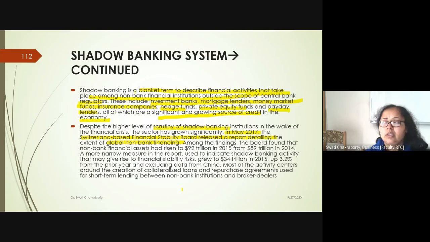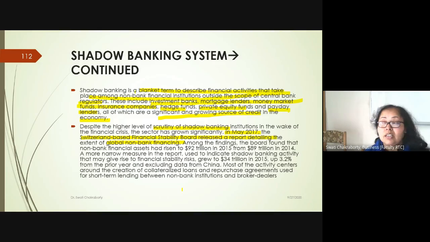And there was another report on a more narrow measure in the report. That report also indicates that shadow banking activity that may give rise to financial stability risk grew to 34 trillion in 2015.